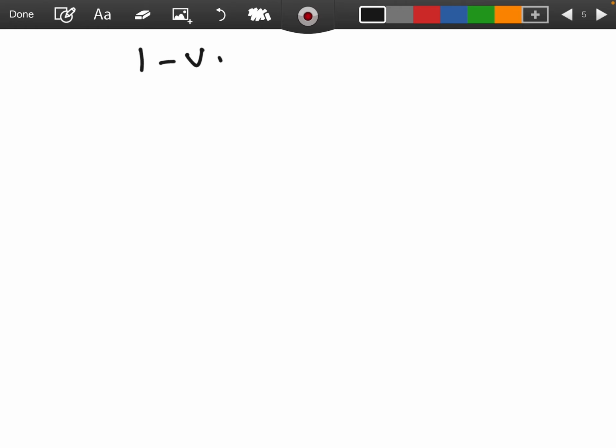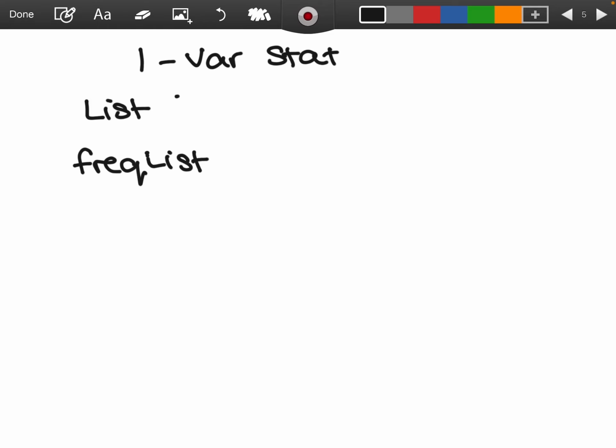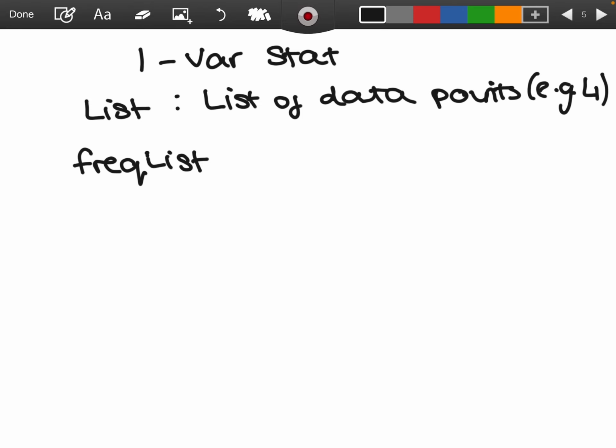When you are in one variable stats in your calculator, under the Stat menu and Calc, it will ask for a list and a frequency list. Your list is going to be your list of data points. So whatever list you've put your data points in, let's say list 1, that would be your list.